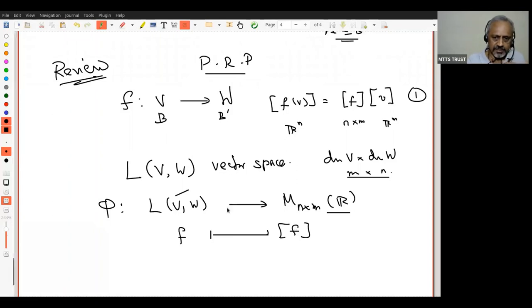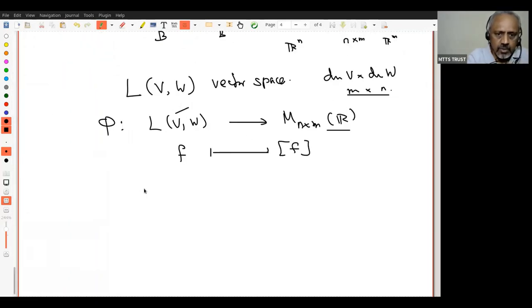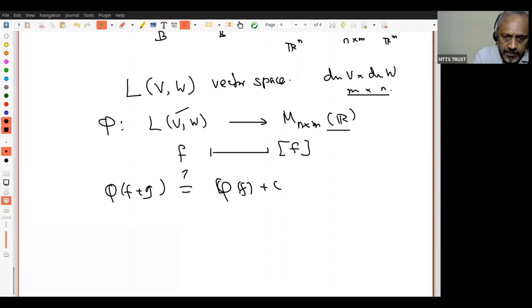So let us do that. What is it that I want to check? Whether phi of f plus g is equal to phi of f plus phi of g. This is what I have to check. But what is phi of f plus g? Let us look at the matrix representation of f plus g. I want to know whether that is the same as the sum of these two matrices.